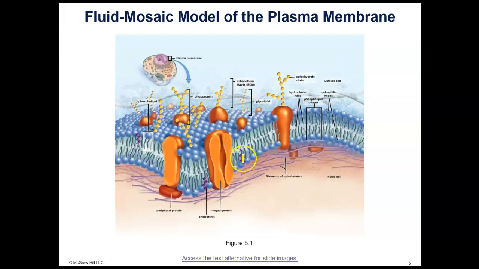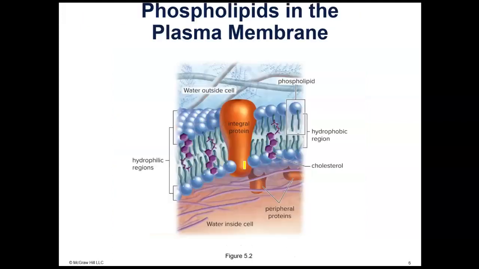And then you have the purple 4 ring structures that are the cholesterol. This is just showing a close-up view. You can see the cholesterol a little bit better. Got 3 cholesterol molecules here. You've got the phospholipid bilayer, and you've got the proteins.